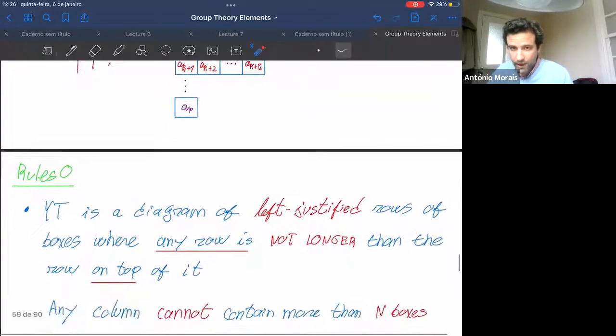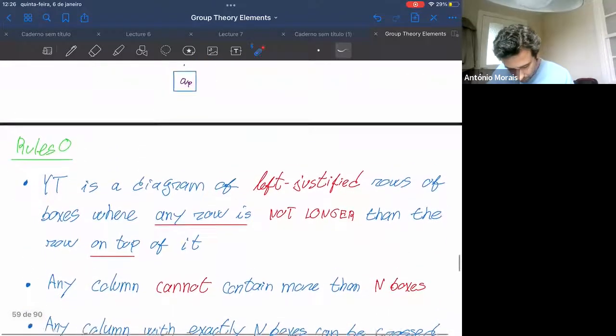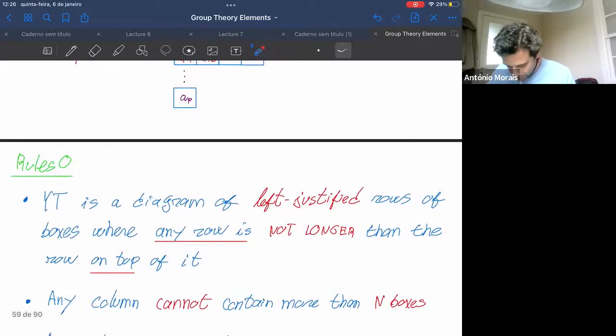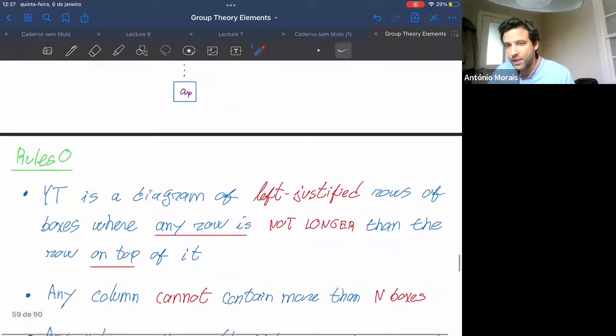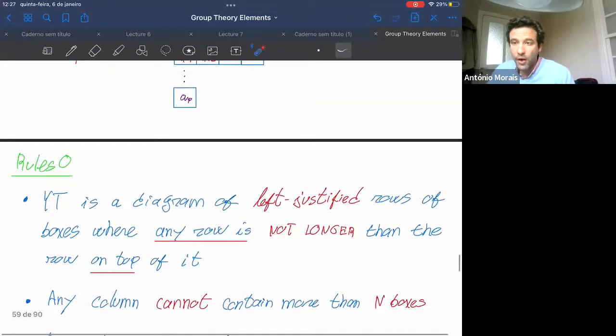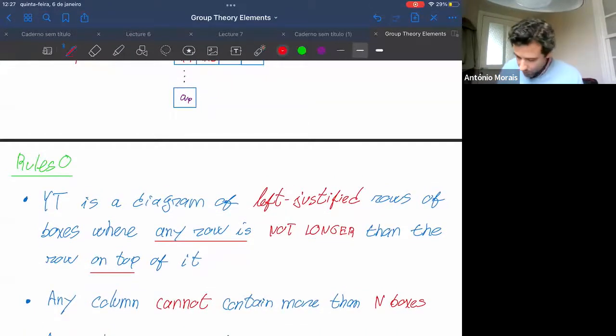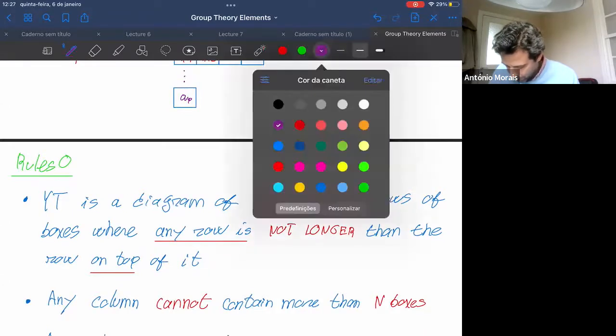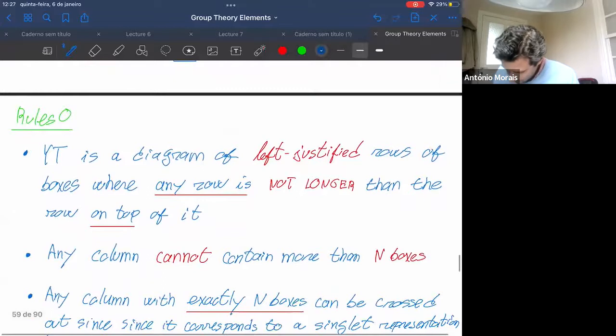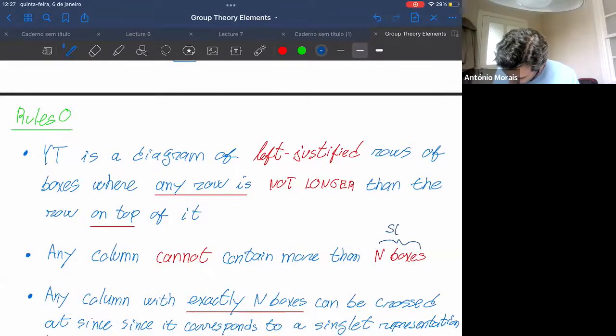It's left justified and the length of the rows. So any column cannot contain more than n boxes. And this is because we are talking about SUN, in the context of SUN.